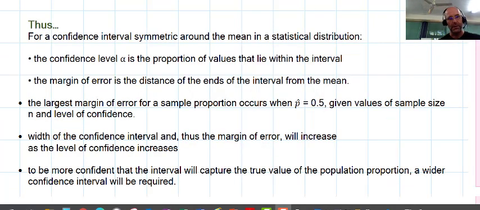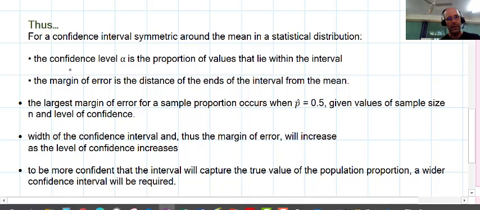So summarizing so far, the confidence level alpha is the proportion of values that lie within the interval. And that we've seen 90% confidence, 95, 99, and there are others that are used. The margin of error is the distance of the ends of the interval from the mean, and that's either side. And those two together create the confidence interval, okay, when we have the margin of error either side.